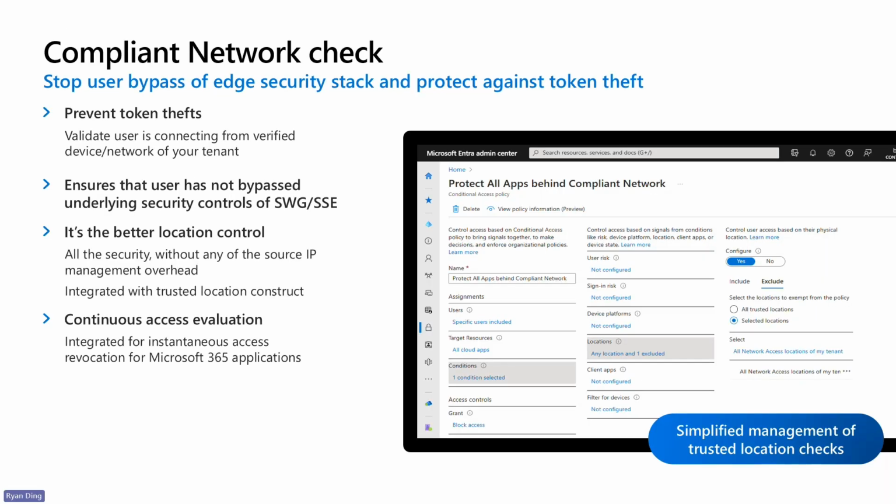The better version of this is something called a compliant network check, right? Where we basically can use our Entra Secure Web Gateway and SSE solution, or you may have heard something called Global Secure Access, which basically means that all traffic from your end user's devices is being forwarded and monitored through our SSE backend services, which means all of that is evaluated at a user identity level.